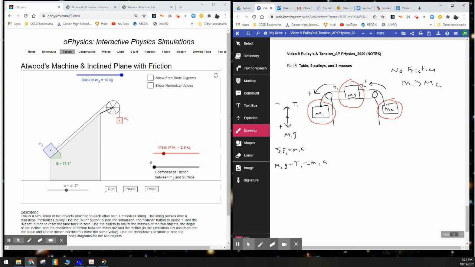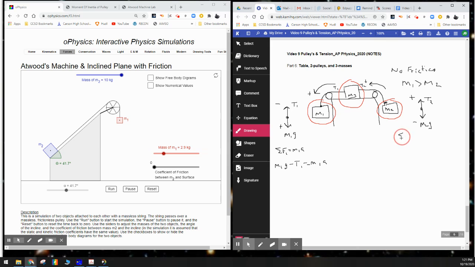Look at system 2 here. We're going to assume all the forces are acting right here. So we have tension going up, we'll call it T2 going up, and we have M2G acting downwards. Since it's going in this direction, this will be positive, this will be negative.